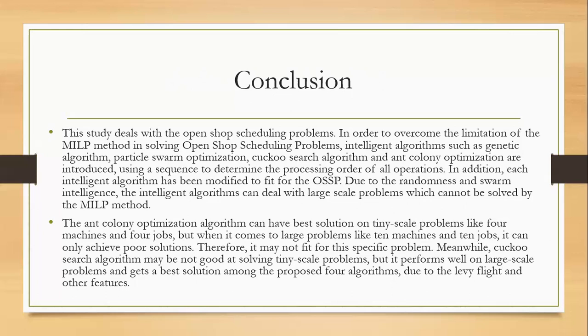Therefore, it may not fit the specific problem. Meanwhile, cuckoo search algorithm may not be good at solving tiny scale problems, but it performs well on large scale problems and gets the best solution among the proposed 4 algorithms due to the levy flight and other features.